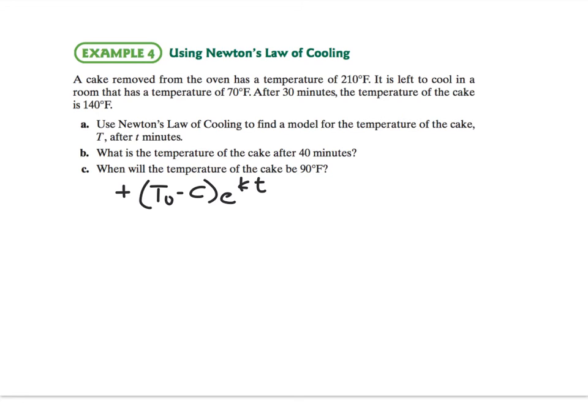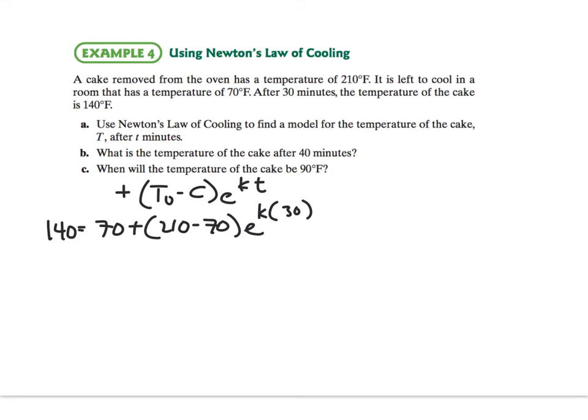So capital T, 140, is equal to 70 plus 210 minus 70, e to the k, and t is 30.